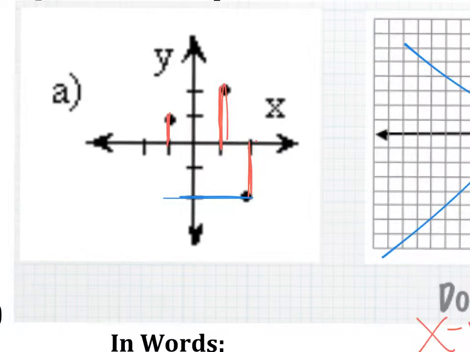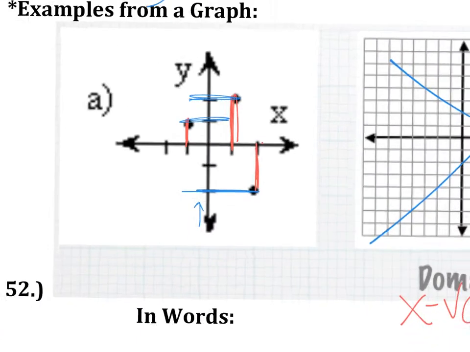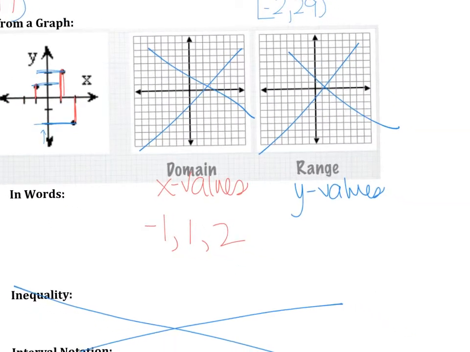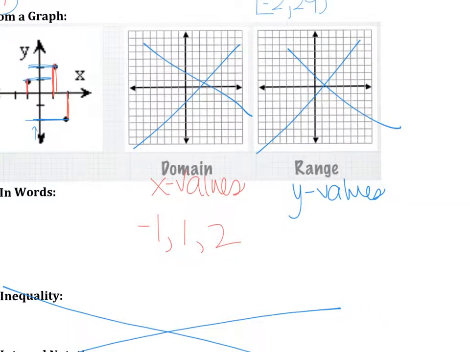Going up the y's, we don't have anything until 1 and then 2. So our range is going to be 3 values, -2, 1, and 2. So this is a unique example where it's just the individual points.